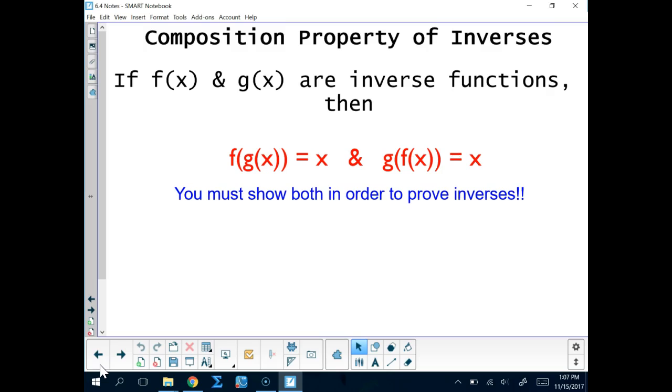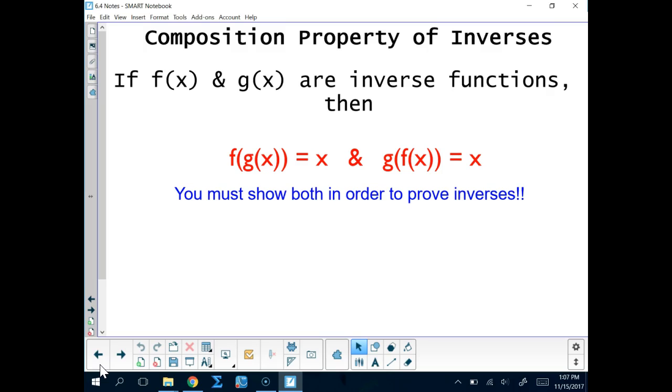So if f of x and g of x are inverse functions, then f of g of x equals x, and g of f of x equals x.